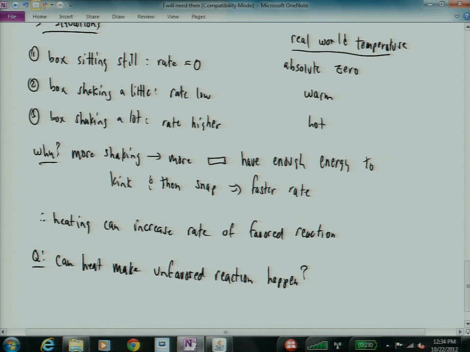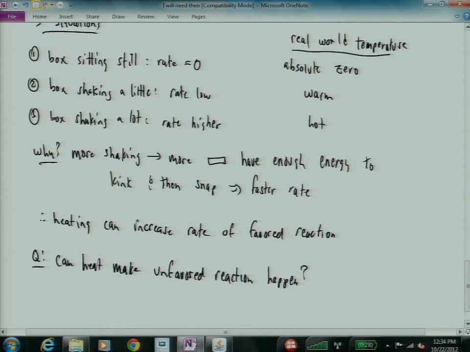If I shake this really hard, am I ever going to make them straighten out? No. And why is that? Because the harder I shake, the more it's going to trigger them to snap. And then they go to their low energy state, and no matter how much heating I do, I'm never going to make them appreciably go straight again. Because there's no way I can shake this hard enough to give them enough energy to straighten out.